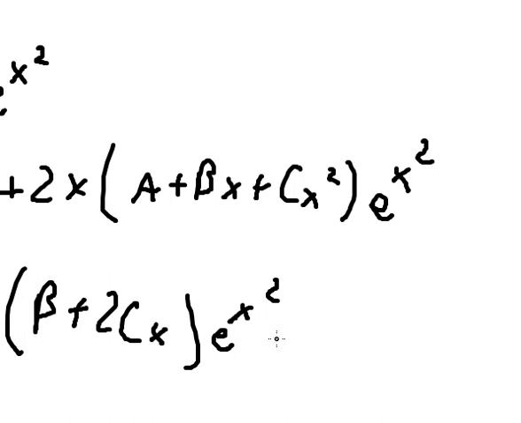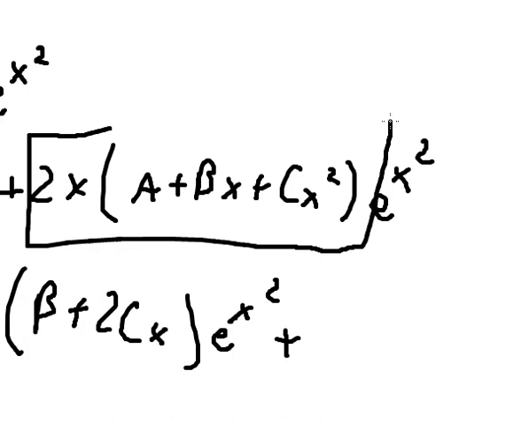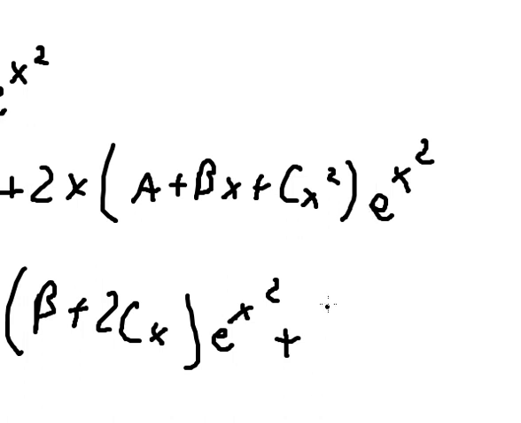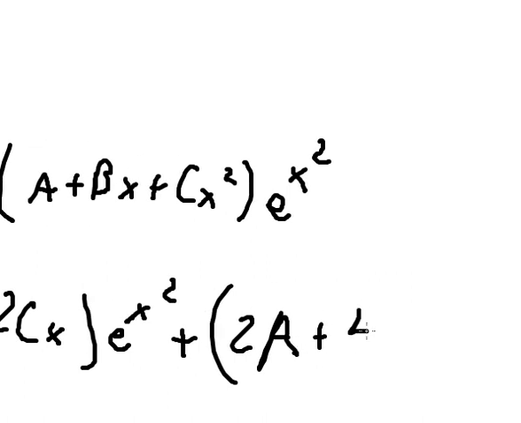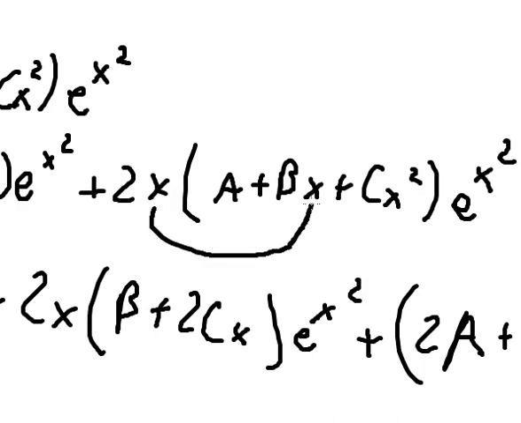The next one, I will distribute in this one here, and then we can do the first derivative of this one. So 2s and s, that is 2s squared. The first derivative of 2s squared is 4s.